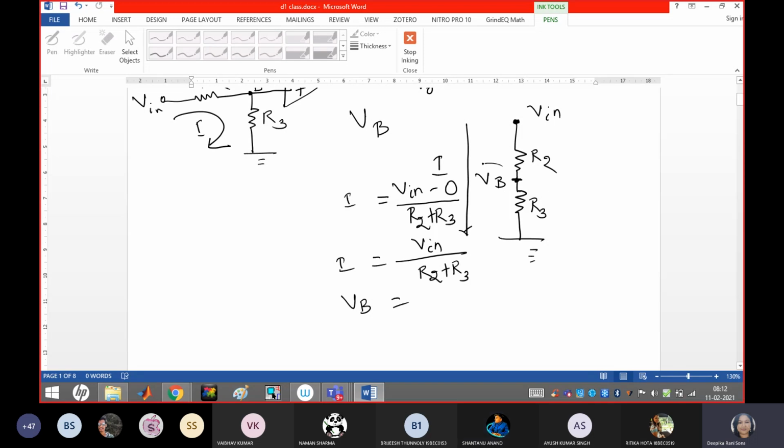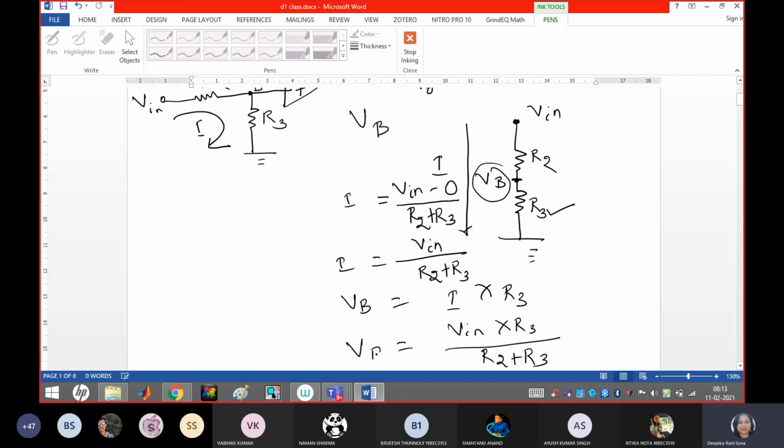If you are going to find out this nodal voltage, you have to take the resistance which is connected to the ground. It means I into which one we have to take? R3. So I already got this V in, so we may better write this V in into R3 divided by R2 plus R3.